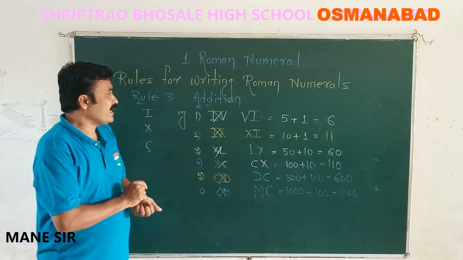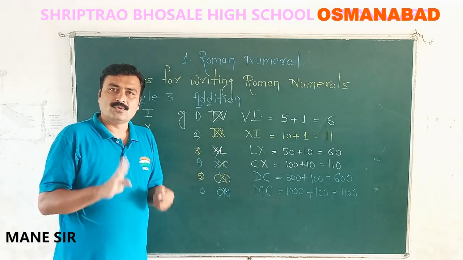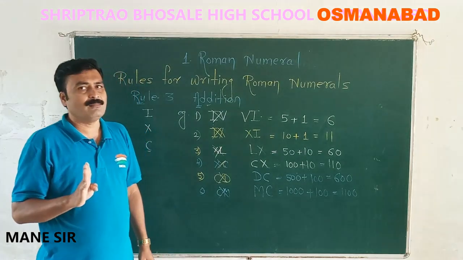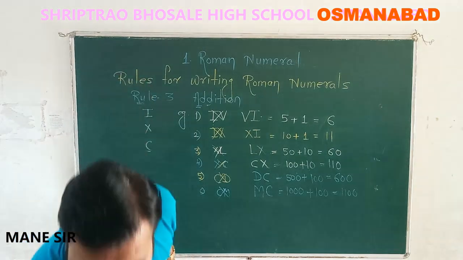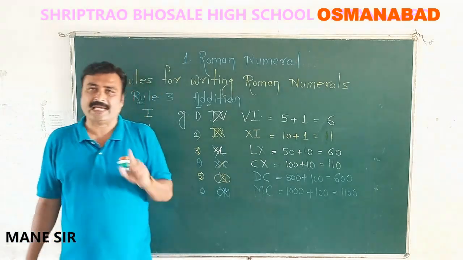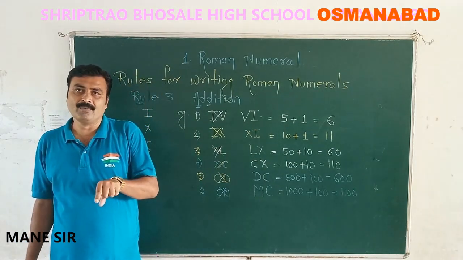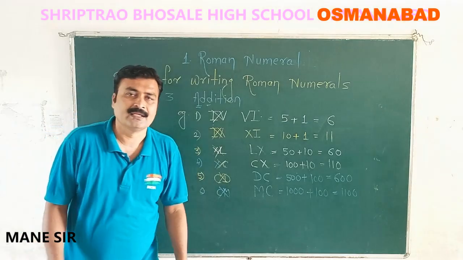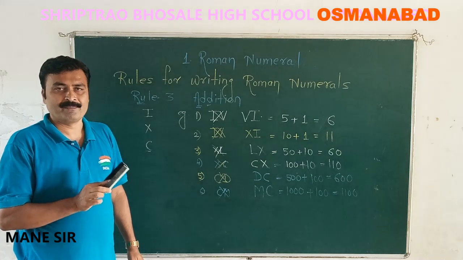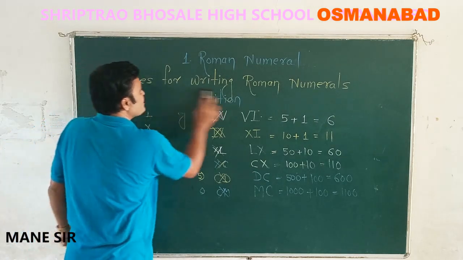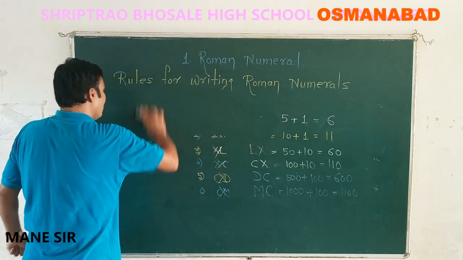Okay. Thereafter, we have given rule number 4. Now, this rule number 4 is quite important for us. When we have to convert any international number into Roman sign, then you have to use this rule number 4 here.